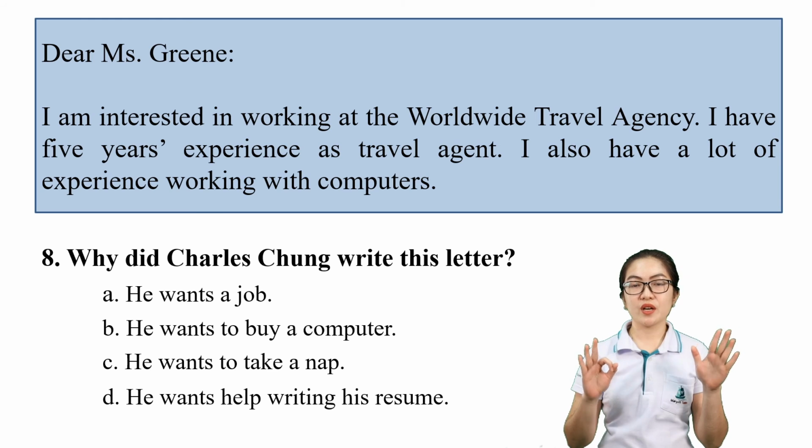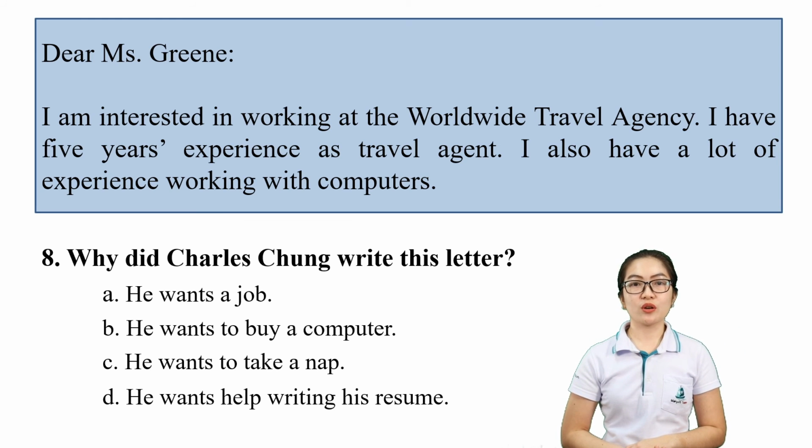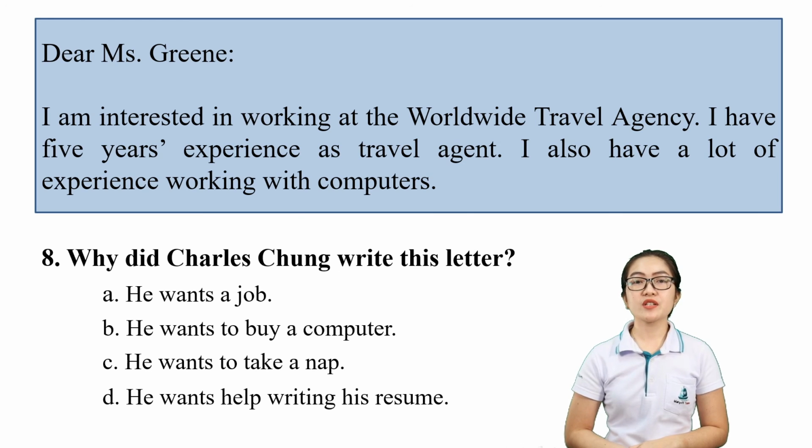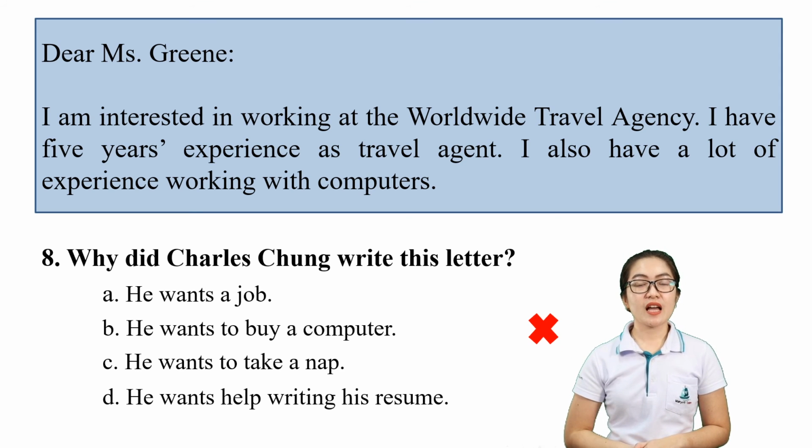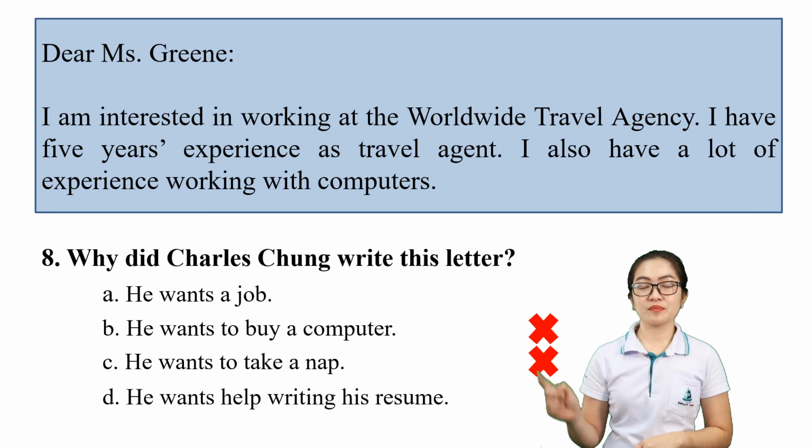Number 8. Why did Charles Chung write this letter? In the email, there is no mention of anything that is computer related. Letter B is not an answer. Next, saying that you want to take a nap in a formal email is highly unlikely. Therefore, letter C is also not an answer.